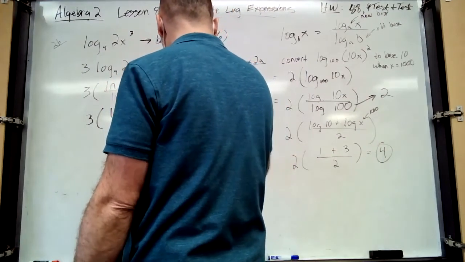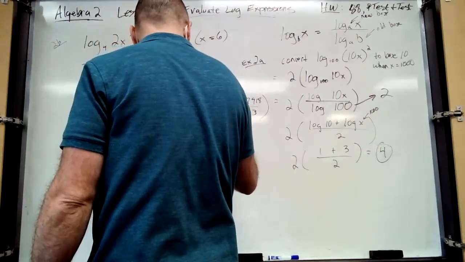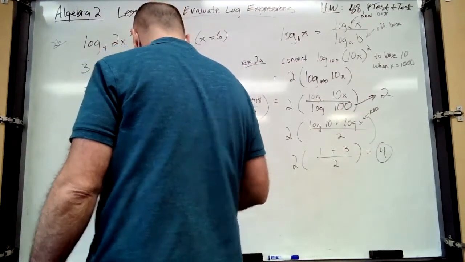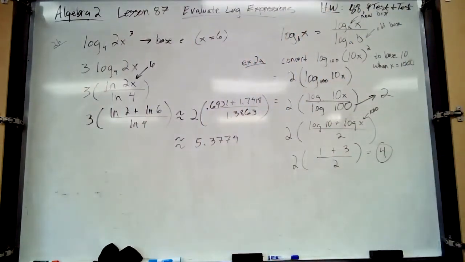Okay, so once you evaluate all that, you get an ugly 5.3774. Okay, so this change of base formula, if you do it like 4 or 5 times, then you won't have to remember it. It'll be pretty easy, but keep it handy because you're going to have to use it.